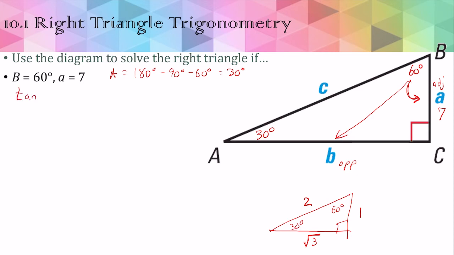So we can say tangent of my angle is the opposite over the adjacent. But tangent of 60, if I look at my special right triangle, is the opposite over the adjacent. Which means I could cross multiply that, get 1b equals 7 square root of 3.